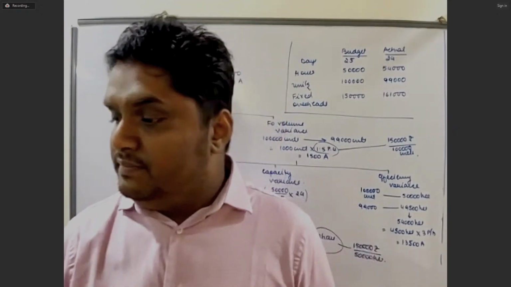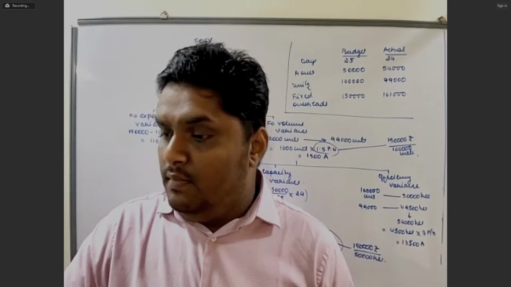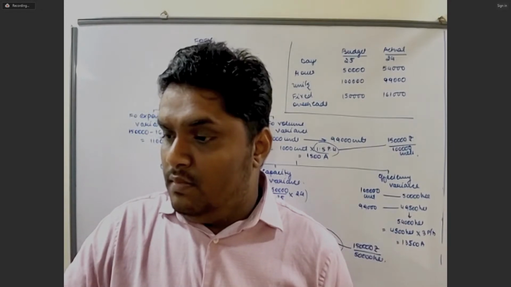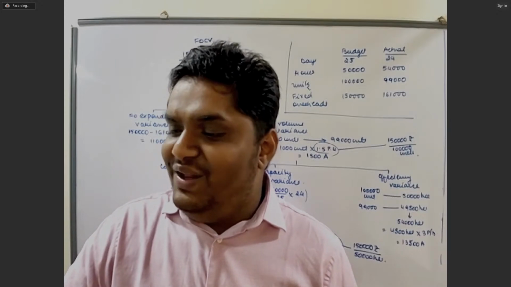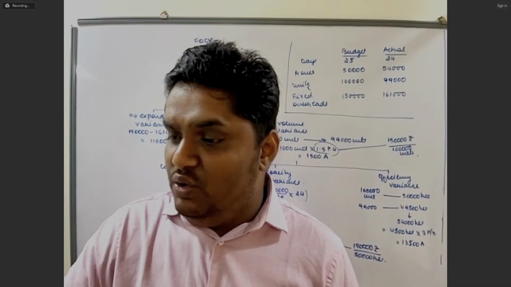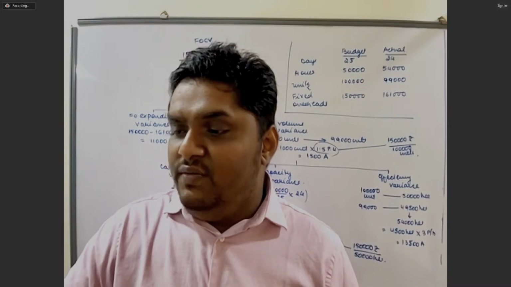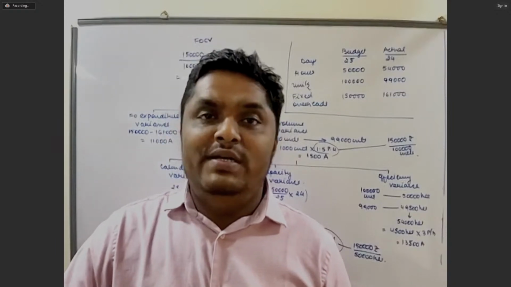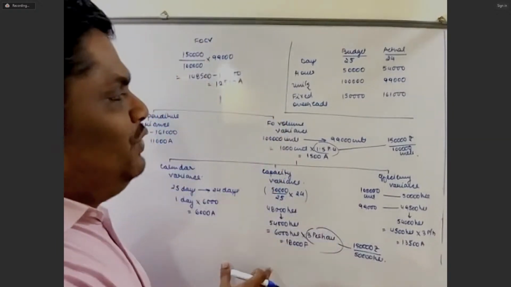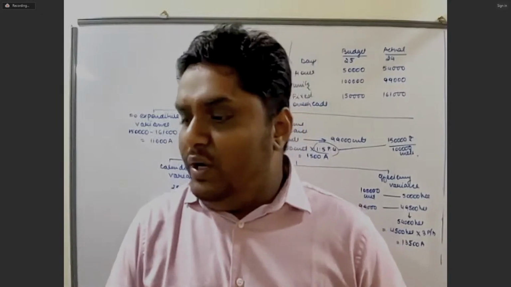Sorry. Very good, Krishna. Yes, Dikshita, a small calculation mistake. Tanishka, thank you so much. Rishita, sorry, it was a calculation mistake. So it's 13,500 adverse. So I hope you guys are thorough with the concepts of fixed overhead variance.